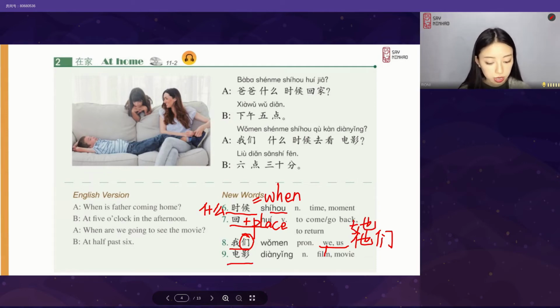Last one is 电影, which means film, movie. 电影. Read after me, please. 电影. Don't forget to read this as a half third tone, okay? 电影 means movie. So when I want to say watch the movie, then it is 看电影.